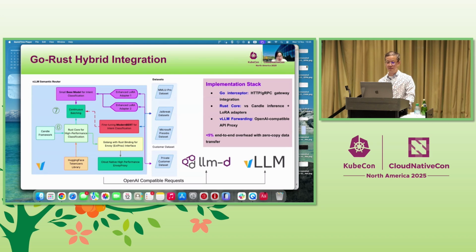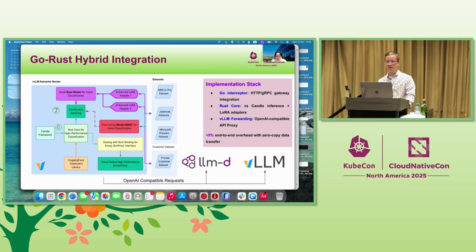Our implementation for the router is a Go-Rust hybrid integration. The Go interceptor handles the high-level HTTP gateway integration. The Rust router core provides low-latency, high-performance classification using a Candle inference engine. We also have continuous batching implemented in Rust for serving large models like Qwen3 with high throughput.